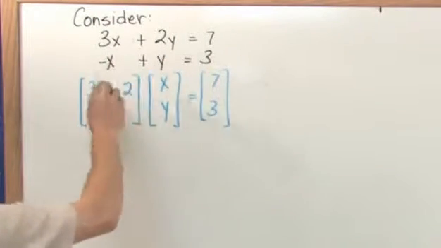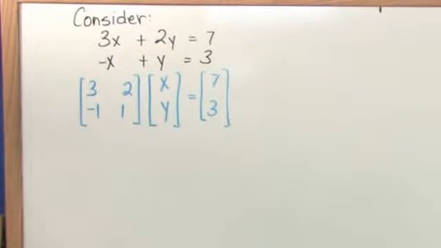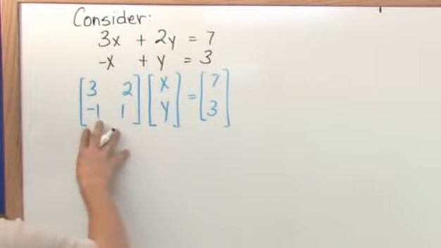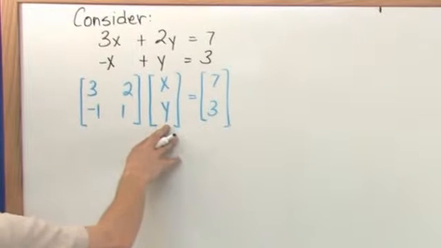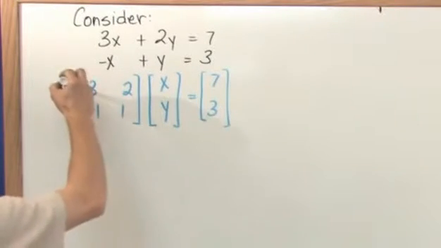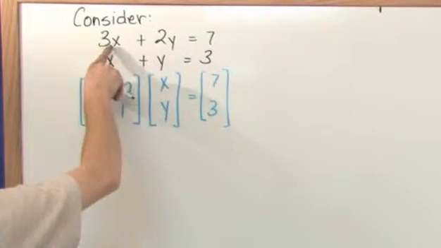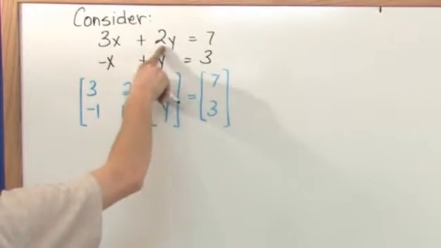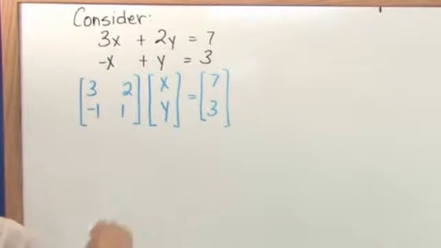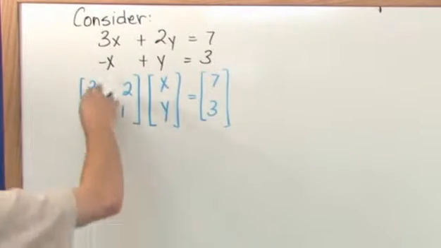Why is the matrix form equivalent to what's on the top? Because if you were to take this matrix and actually multiply it by this, you would go over and down, over and down. 3 times x gives you 3x, 2 times y gives you 2y, equals the top number, which is 7. You would move to the next row.